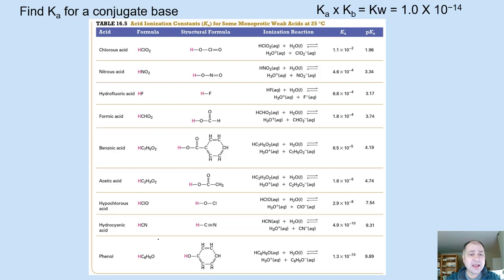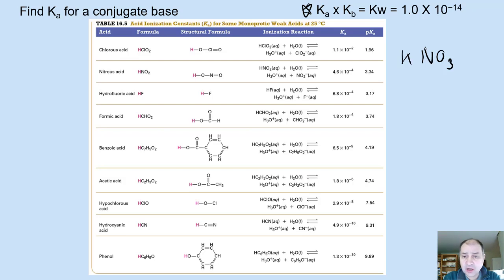So here's a chart of weak acids that you will be given, and I'm also going to give you this formula here. You just need to make the connection, right? So if I give you some sort of salt, I'm just going to use what we had before, potassium nitrate. And if you don't remember, that nitrate is pH neutral because it comes from nitric acid.